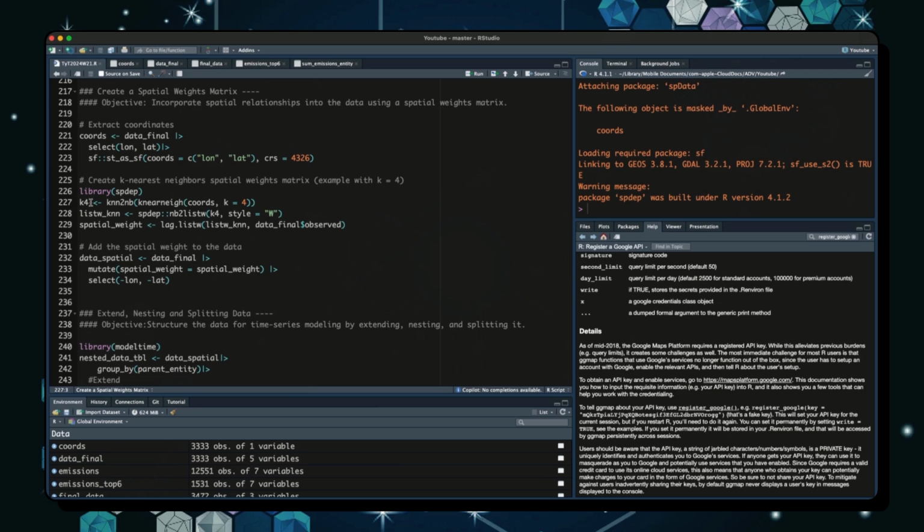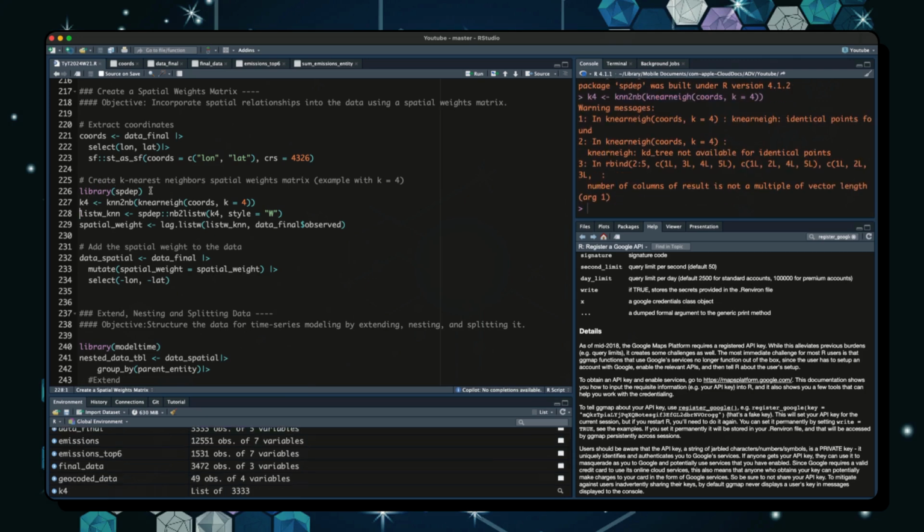So let's run our two functions from the spdep package, which gives us the k4 here because we have, for this example, set k equal to 4.